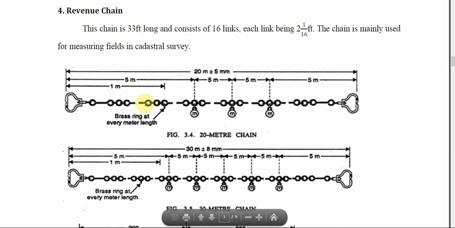These are small brass rings which are provided at 1 meter interval, and these are brass tacks which are provided at 5 meter interval. So wherever this ring is, it indicates 1 meter mark. Wherever this brass tag is, it indicates a multiple of 5 meter mark.